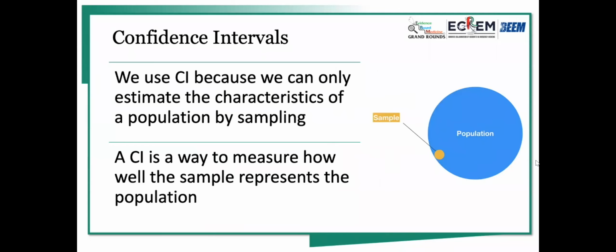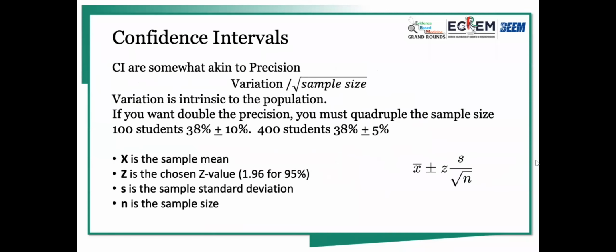In other words, and I'm going to use a few formulas here, a confidence interval is almost like precision. I want to know how precise, how accurate my measurement is.